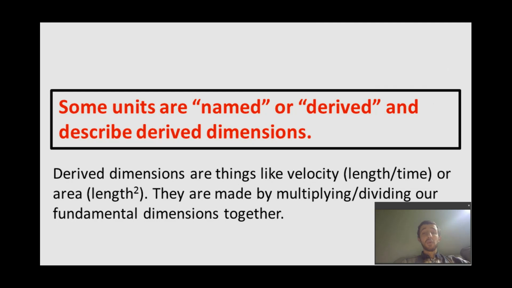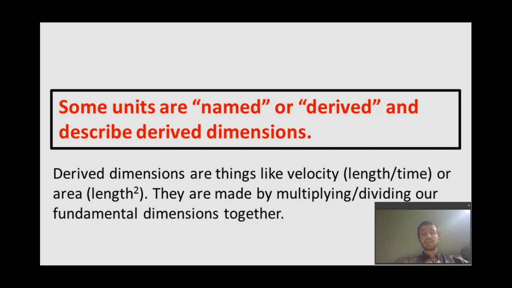like I said, force was the dimension of a Newton. Newton measures force. But force is not a fundamental dimension. It is something called a derived dimension. Now, for a derived dimension, you have a derived unit, or in some cases, a named unit.